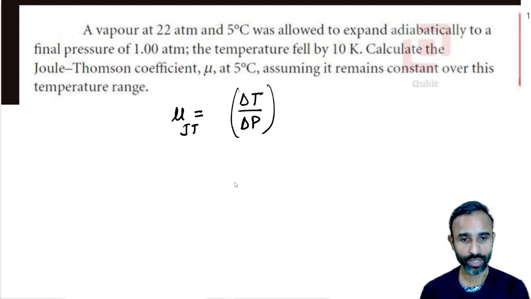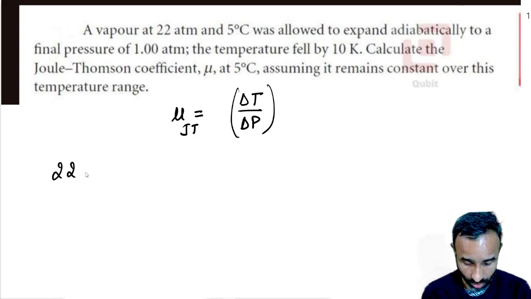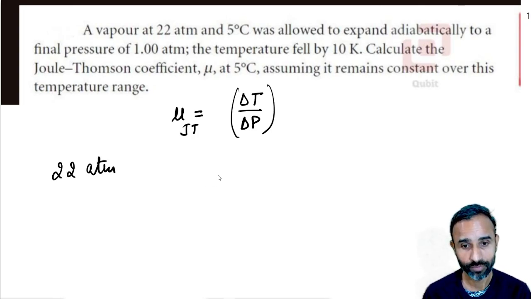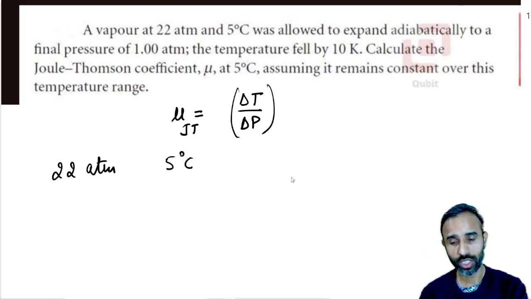So here we have 22 atmosphere pressure at 5 degree Celsius, and it was allowed to expand adiabatically.